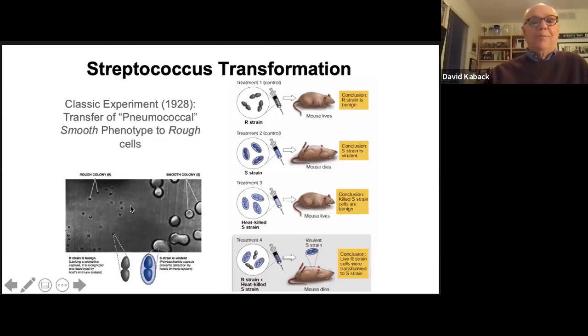But these experiments where we essentially took a strain of bacteria that was non-pathogenic because it didn't have a capsule and was able to introduce the DNA for producing capsules into that cell, and that cell became pathogenic, able to cause this pneumococcus to kill the mouse over here.